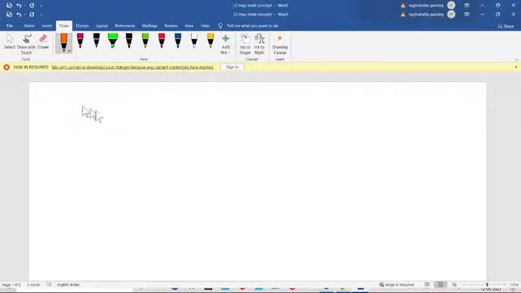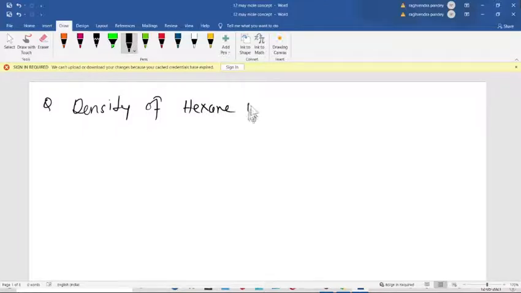Now suppose, for revision let's take one question. Density of, say, hexane is 1.2 gram per ml.